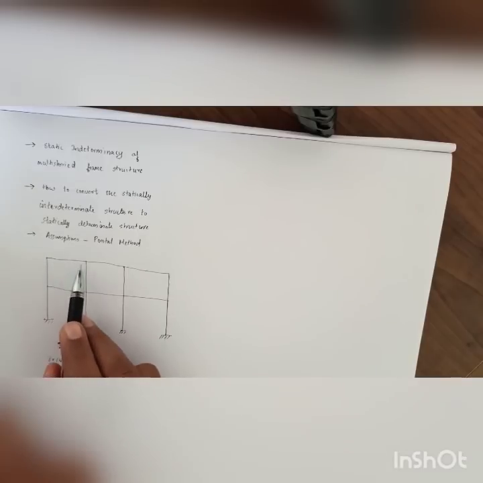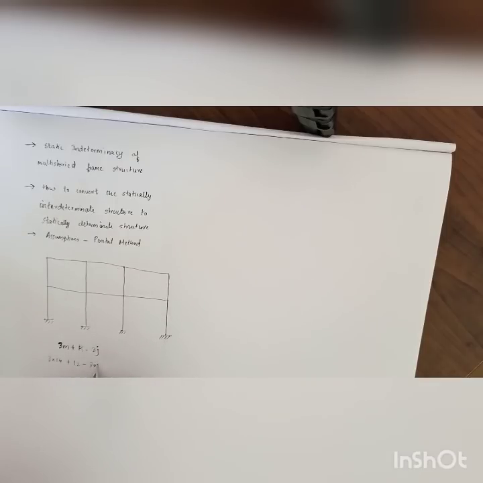So there are 14 members, and there are 3 unknowns at each of these supports: 3 plus 3 plus 3 plus 3, so 3 plus 3 is 6, plus 3 is 9, plus 3 is 12. So the reactions are 12, and now the number of joints: 1, 2, 3, 4, 5, 6, 7, 8, 9, 10, 11, 12. So we have 12 joints.